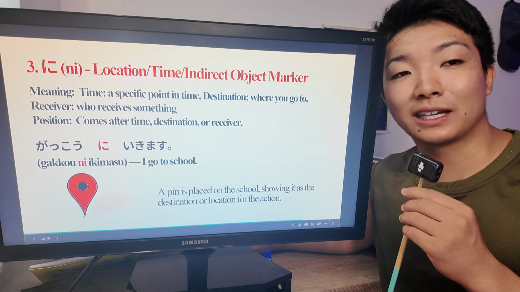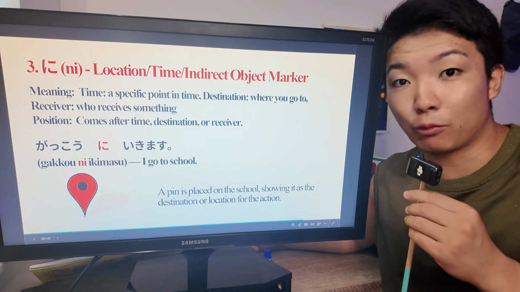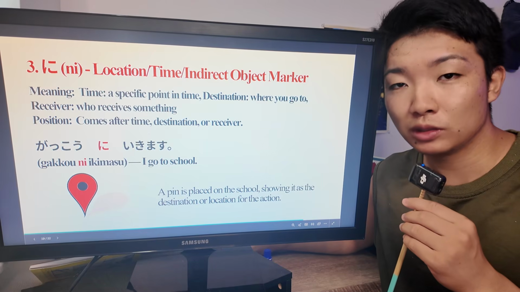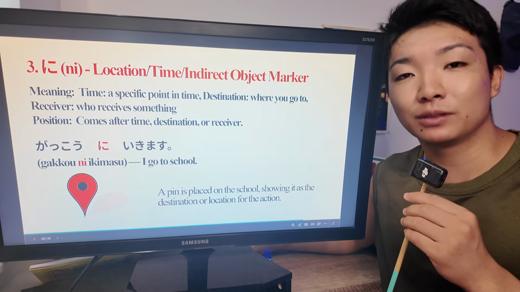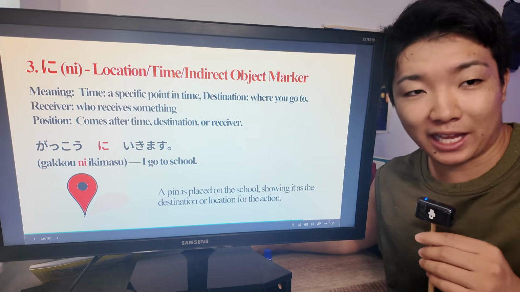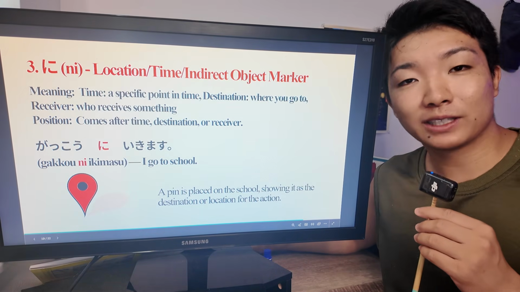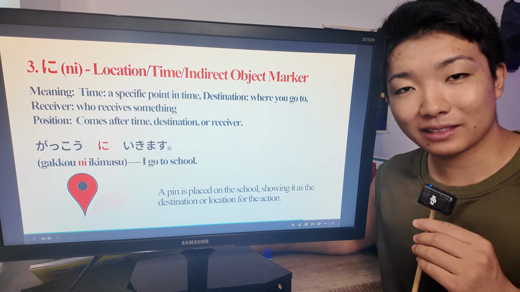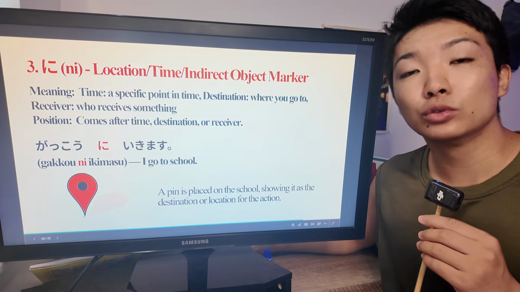The ni particle marks a specific point in time, like we talked about before, the destination where you go to, and the receiver, the one who receives something. The particle comes after the time, destination, or receiver. For example, 学校に行きます. It means I go to school.